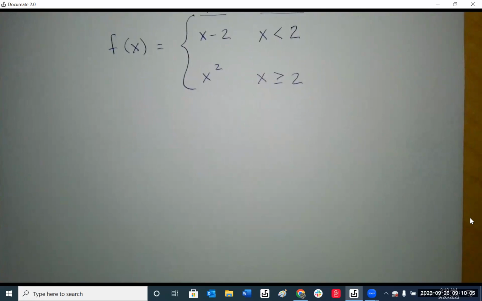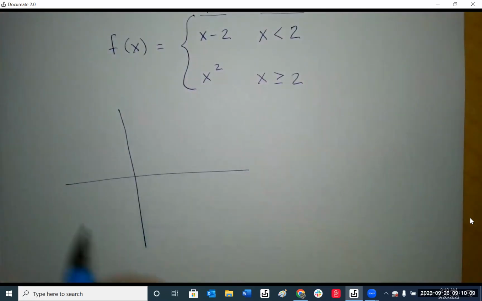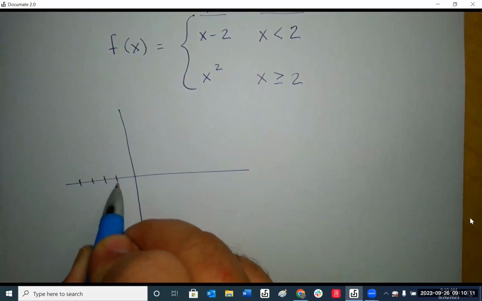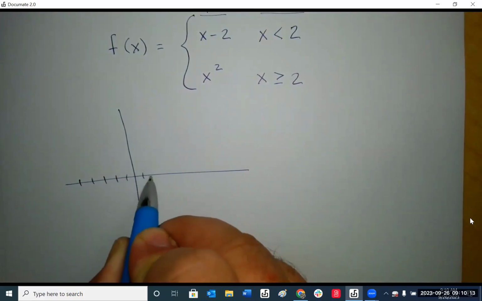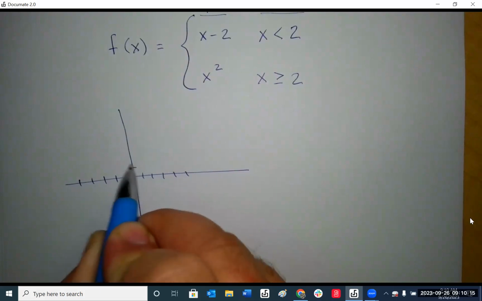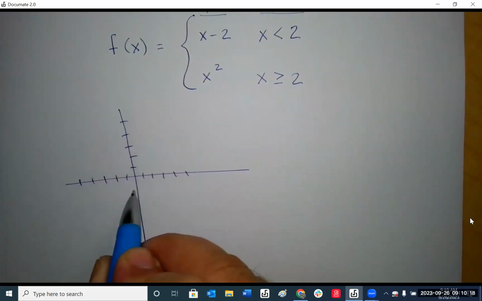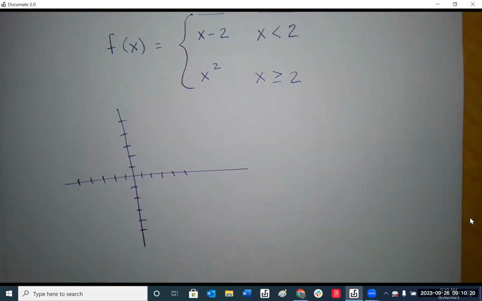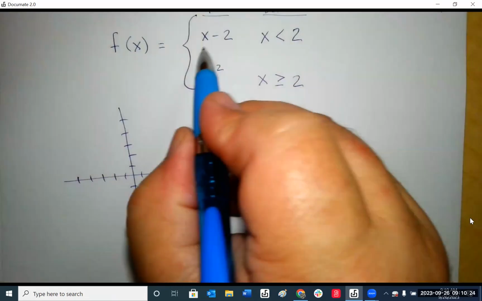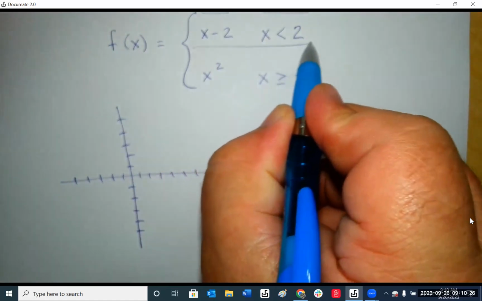So let's look at this. Let's graph this one. We have this equation.